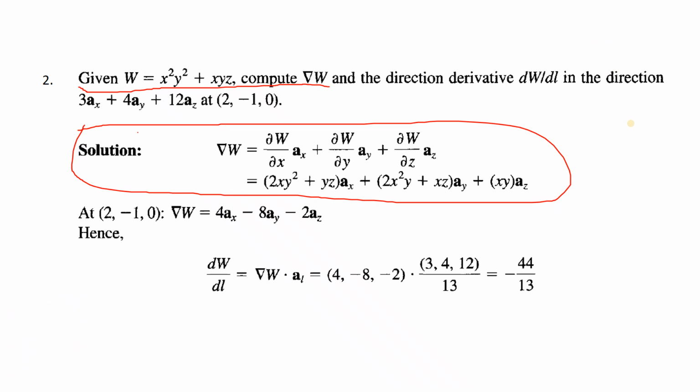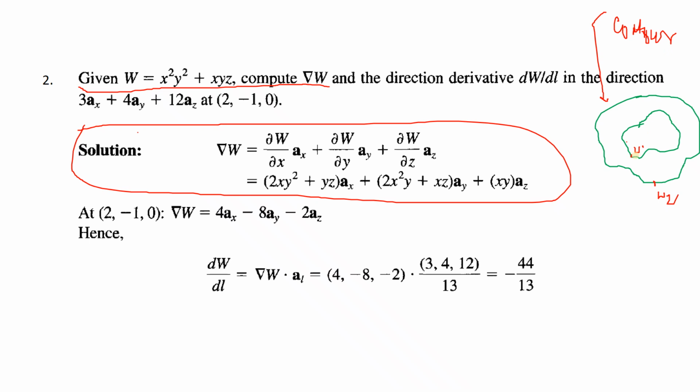As far as the first part is concerned, suppose there were two curves like this. In the two curves, this one has W1 and this one has W2. This entire path curve is called a contour, C-O-N-T-O-U-R.